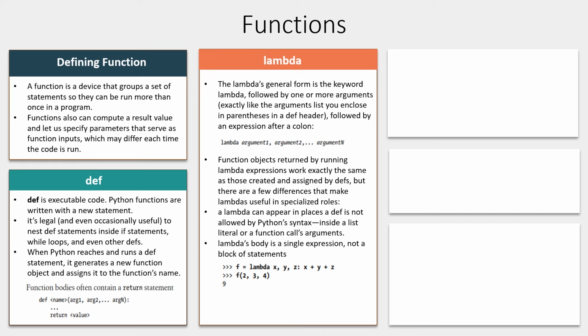We referenced this whole lambda statement to f. Now we will call using f and input some arguments, 2, 3, 4, and we'll get the value. This is how we write a lambda function.